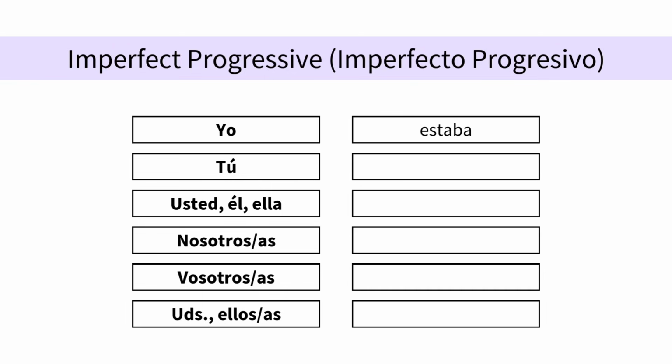Estar is conjugated to estaba, estabas, estaba, estábamos, estabais, estaban.